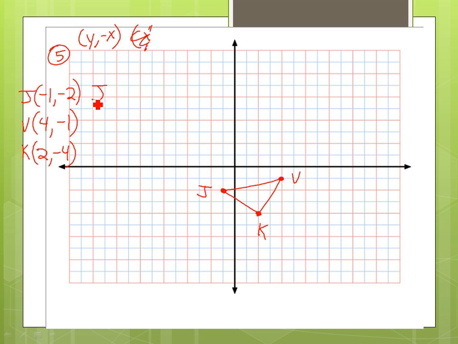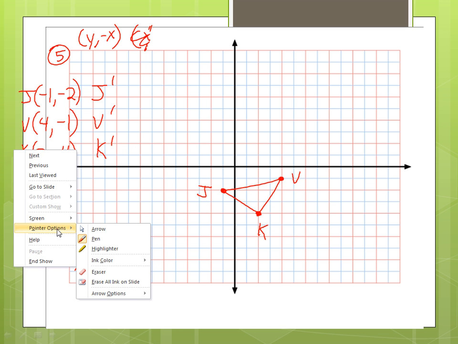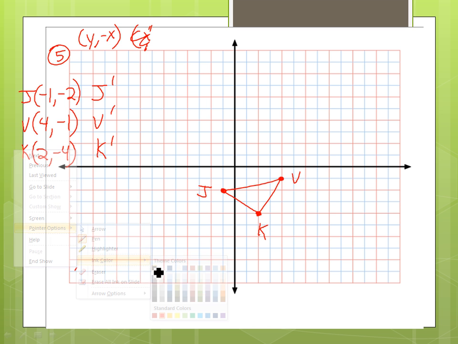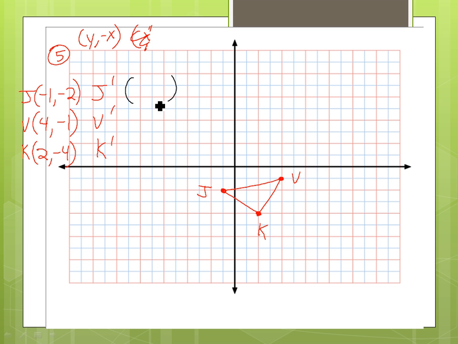Our J prime, V prime, and K prime. Switch colors again. Black. These are going to be our new points. We switch them around. And then take the opposite of the second one, so it's going to be negative 2. And then when we move the negative 1 over, it becomes a positive 1. Switch this one around, negative 1. Positive 4 becomes a negative 4. Switch this one around, negative 4.